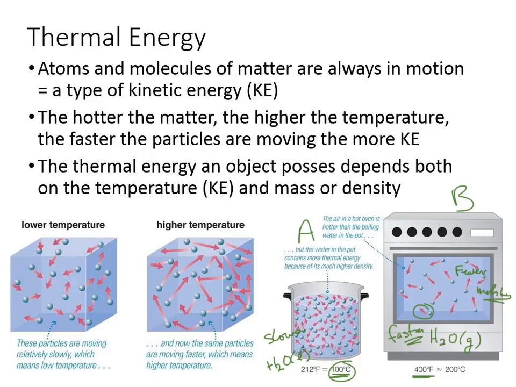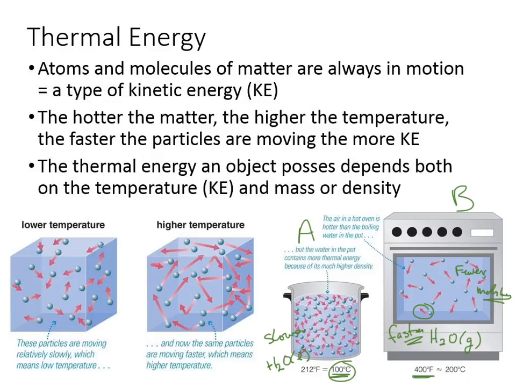So that's why this slide says, even though they're ramming around there and our temperature probe would say 400 degrees, the fact that there are fewer of them means that collectively that chunk of water gas has less thermal energy than that pot of liquid water, even though it's at a higher temperature. This has more thermal energy because there's more mass, more matter there.